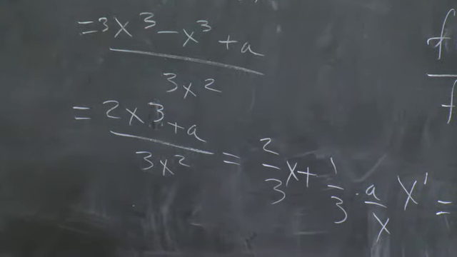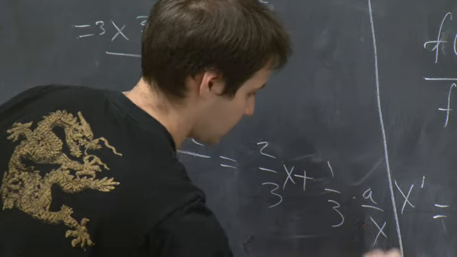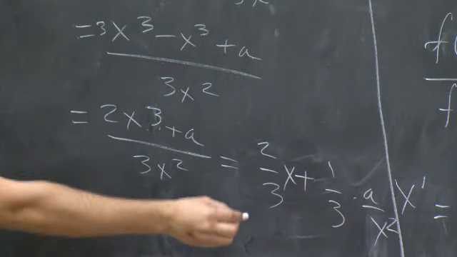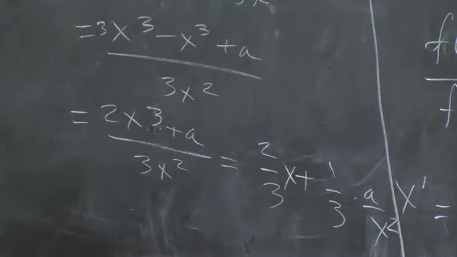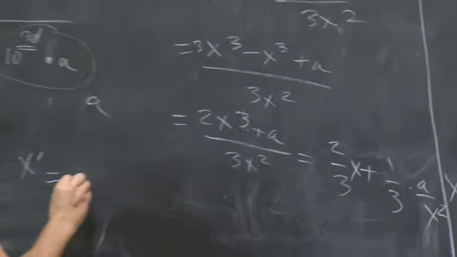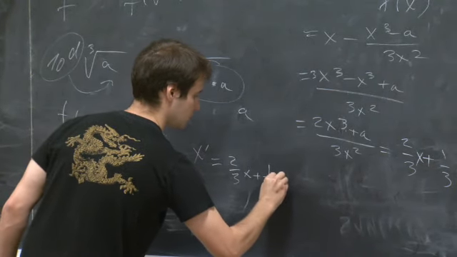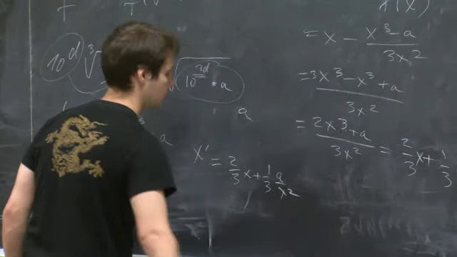So this one's division. Ouch. So this guy wants division. By the time I do this, I'd better have division ready, right? Okay, so now I have my iteration. X prime is 2 over 3 x plus 1 over 3 times a over x squared.